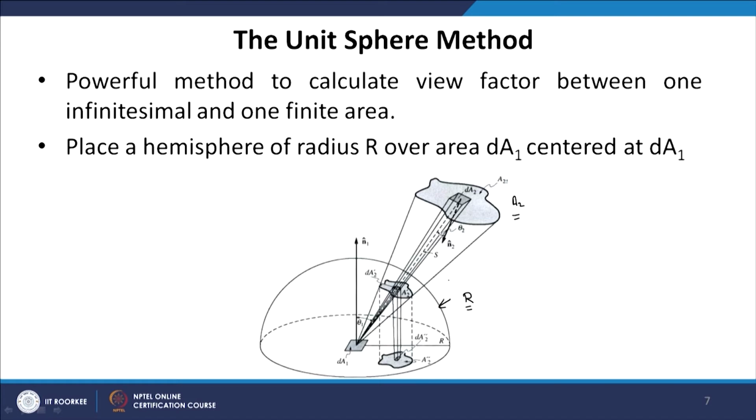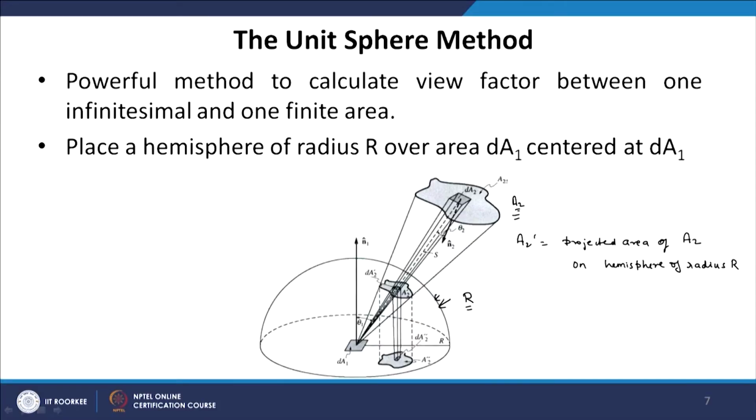Now, what we have to do is project this surface A2 onto this sphere of radius r. So, A2' is basically the projected area of A2 on the hemisphere of radius r.